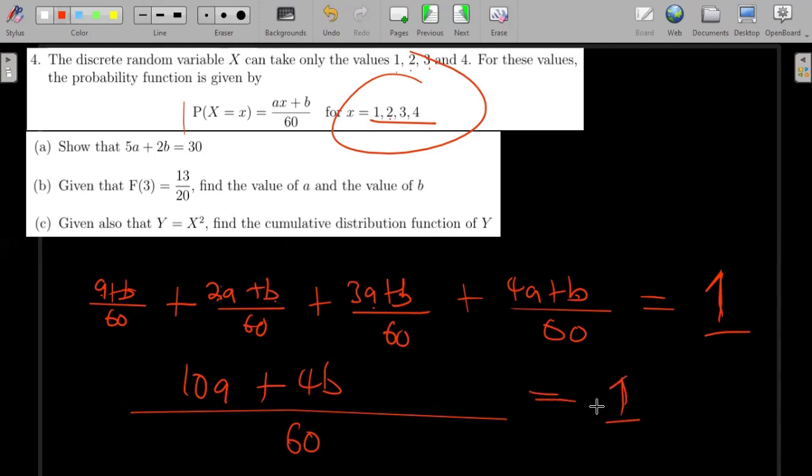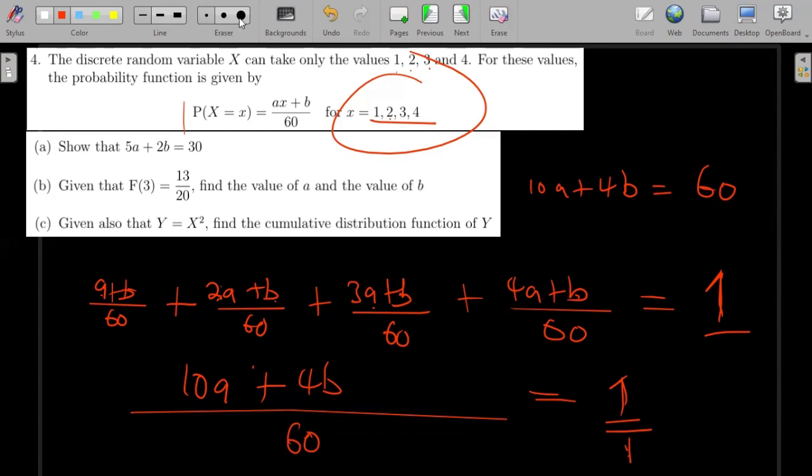And then from there, what can we do? We can multiply both sides by 60, or we can just cross multiply. So this is over 1. This one multiplied by this one, I'm going to get 10a plus 4b is equal to 60 multiplied by 1, to be 60.